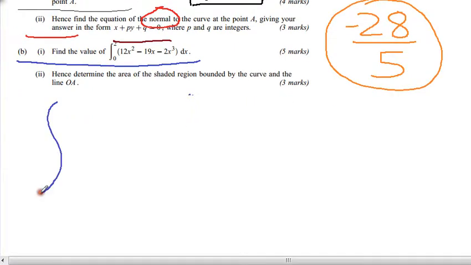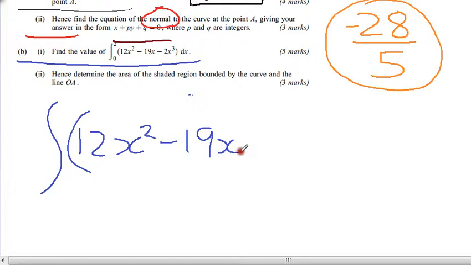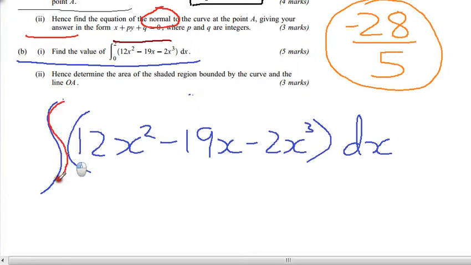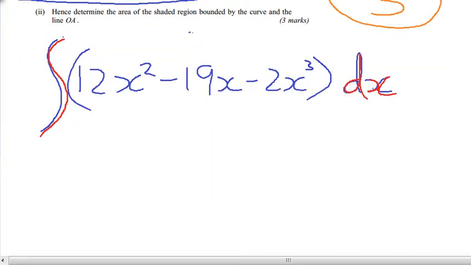So let's integrate 12x squared, put a bracket on it, minus 19x minus 2x cubed dx. Don't worry about the dx, that's just, here we go. Look, this is opening the integration and dx is closing the integration. It's like opening and closing brackets. But anyway, you don't need to know about that just yet.